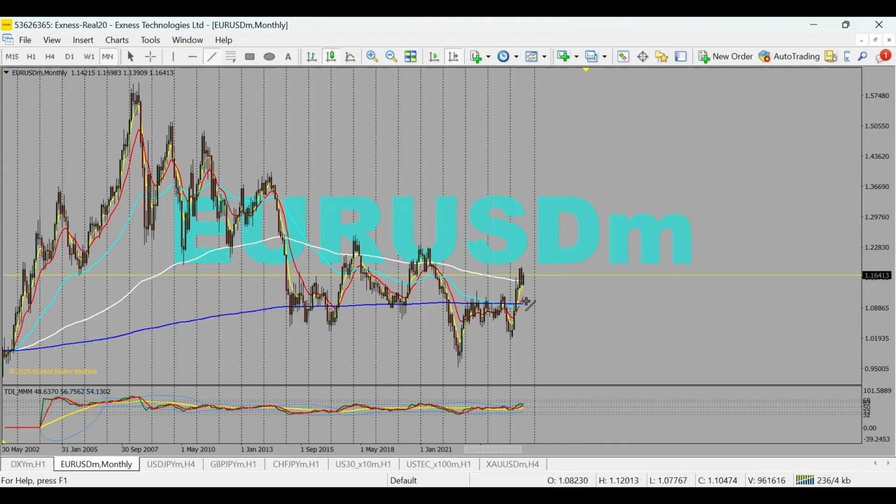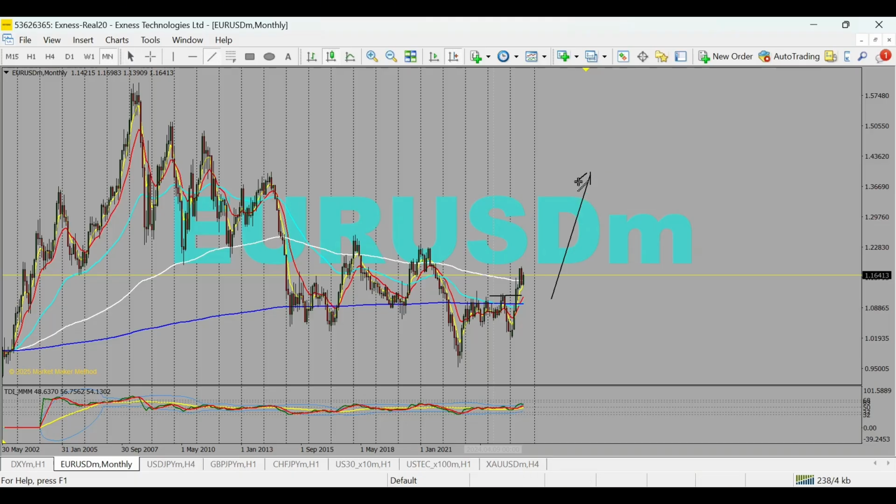We had a clear break of market structure right there, signaling that the market has now turned direction, and our bias is now to the upside. This is the long-term anticipation on the pair.